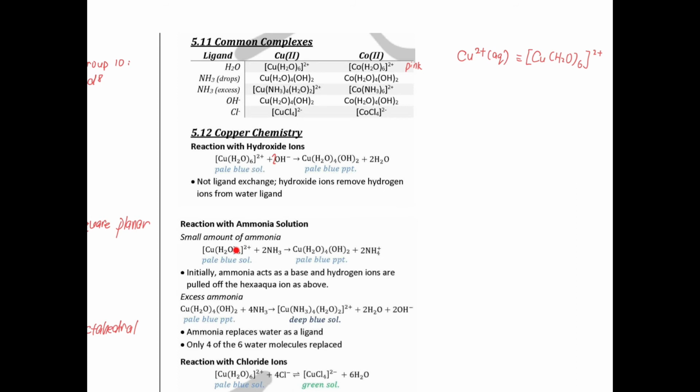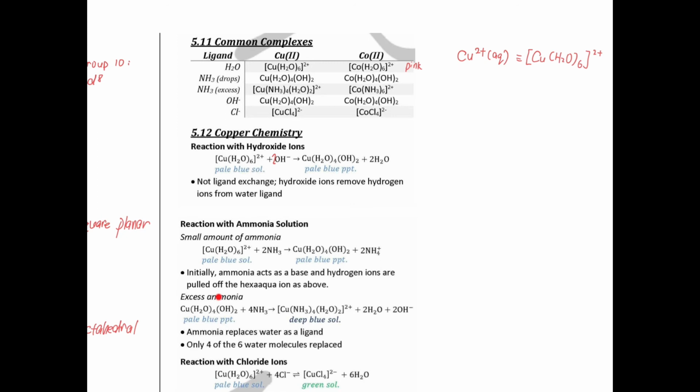The H2O gives away its H, and the NH3 gets the H and forms NH4+. Initially, ammonia acts as a base. They accept the proton, right? And hydrogen ions are pulled off from the hexaaqua ion as above. So that's the pale blue precipitate. The idea is the same with this one.